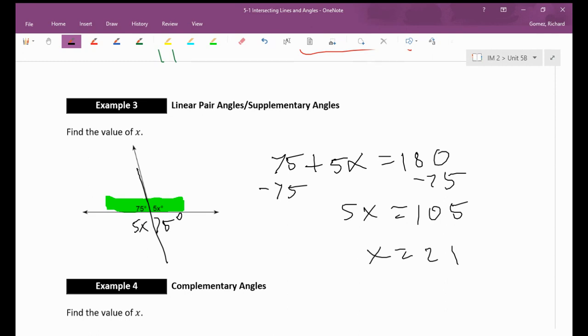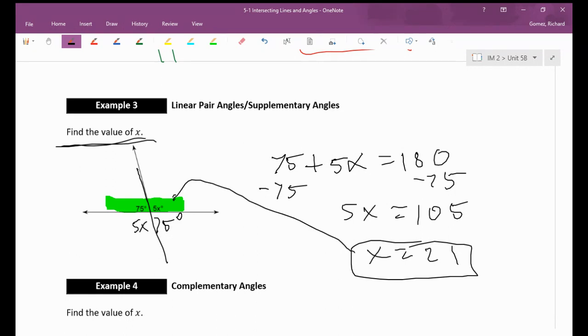So if x equals 21, and that's all you really need to do, is solve for the value of x, but you can always plug in there, 5 times 21 will give you 105, and 105 plus 75 is 180. Alright, so let's keep moving.